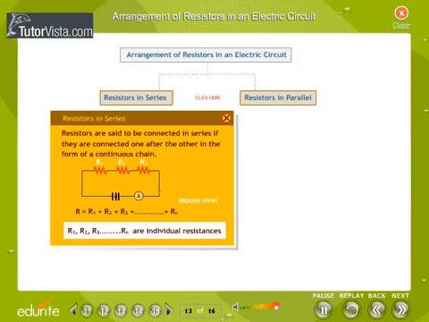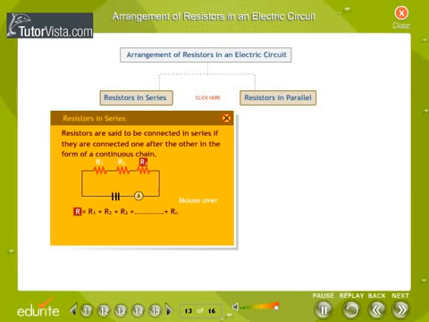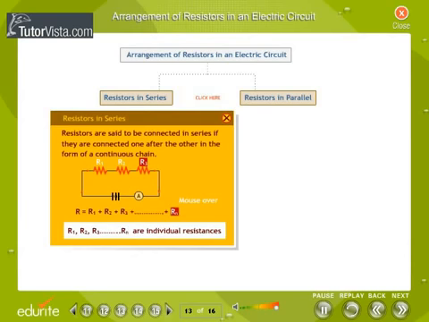Effective resistance of a circuit when resistors R1, R2, R3 until Rn are connected in series is given by the relation R is equal to R1 plus R2 plus R3 plus until plus Rn.